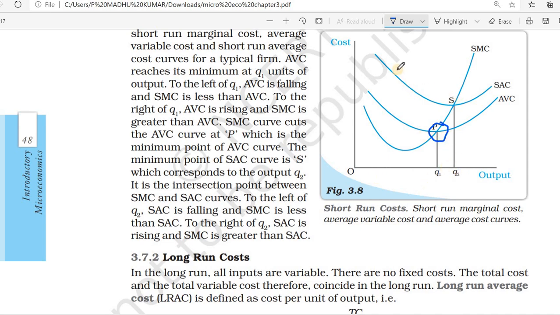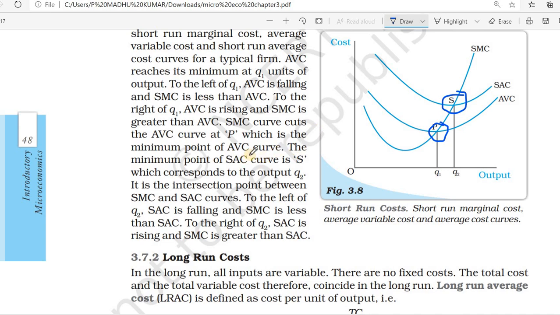This is the SAC curve, the short run average cost curve. The minimum point of the SAC curve is this one, S. At that point SMC will cut SAC. So the SMC curve will cut the SAC and the average variable cost curve at their minimum points. Here they are point S and point P.